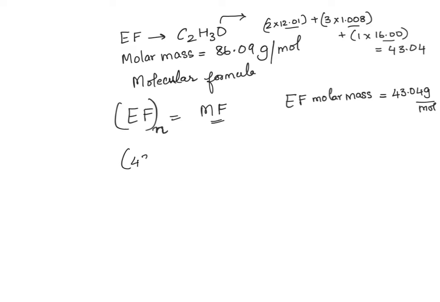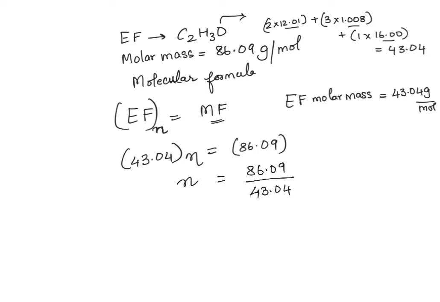So 43.04 grams per mole multiplied by N is equal to 86.09, right? So what is N? N is 86.09 divided by 43.04, which will be equal to 2.